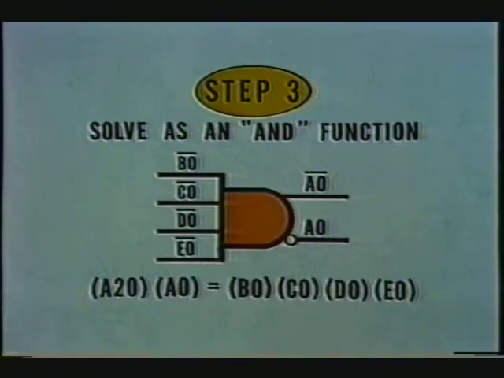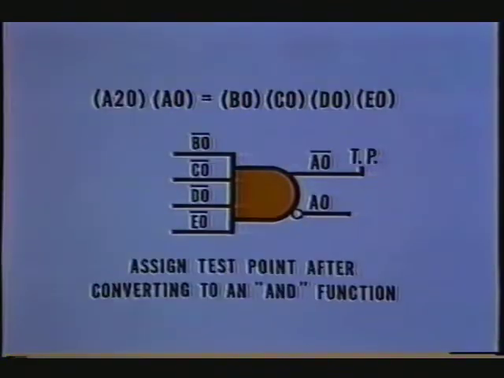When that equation is solved using an AND gate, it also results in an inverted term being assigned to the normal output. If a test point is designated, it is assigned just as it was in previous examples. A20 is in parenthesis and so is tied to the output with the inverted term.